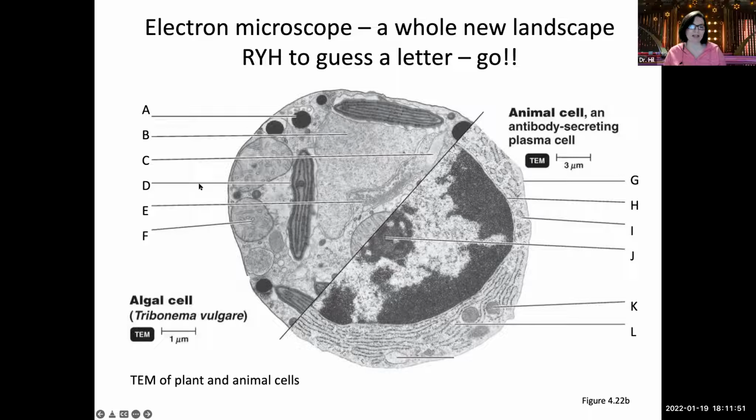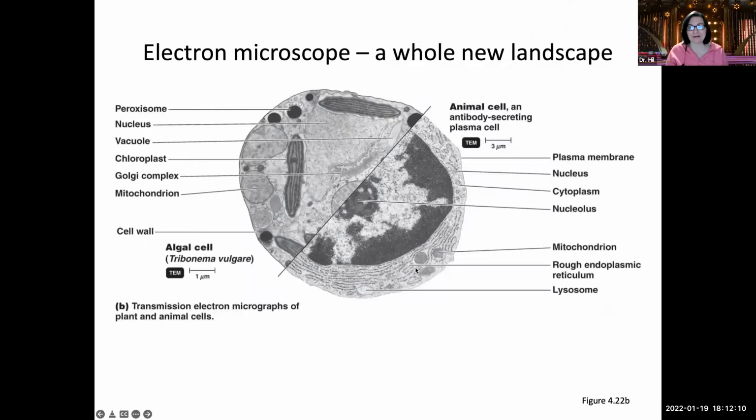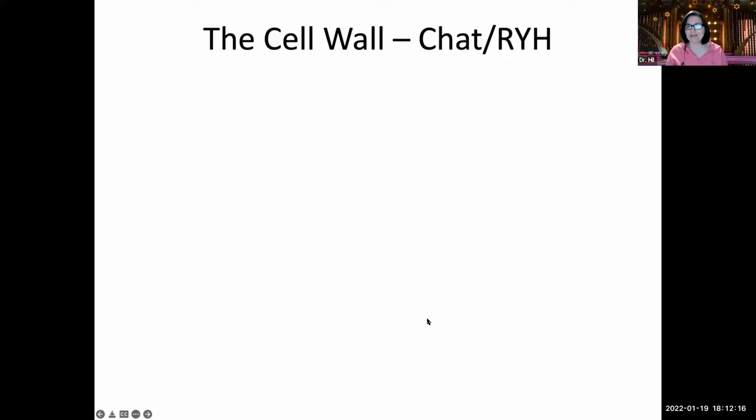I would imagine that you'd have a decent shot at guessing what a lot of these things are, but I want you to put yourself in the shoes of brilliant scientists who are looking at these pictures for the first time, and they were like, wow, there's a lot of stuff in cells. We don't know what any of it is. So it is pretty amazing how far we've come in our understanding of cells, and a lot of that is thanks to electron microscopy.